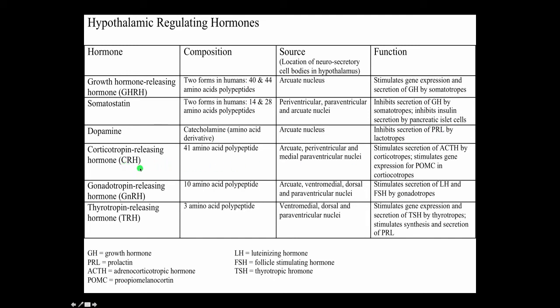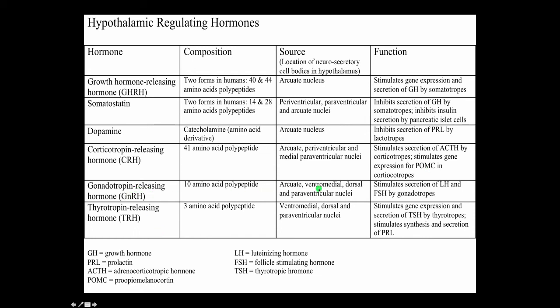Corticotrophin releasing hormone from the arcuate, periventricular, and medial paraventricular nuclei in the hypothalamus stimulates secretion of adrenocorticotrophic hormone by corticotrophs, and stimulates gene expression for pro-opiomelanocortin in corticotrophs.